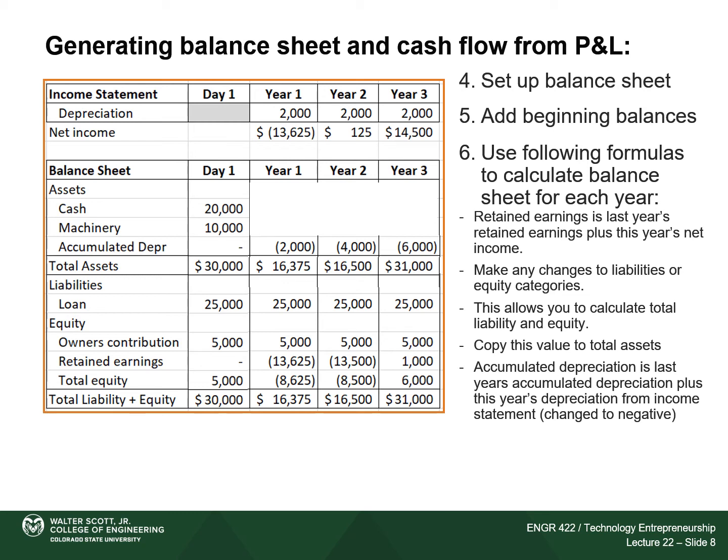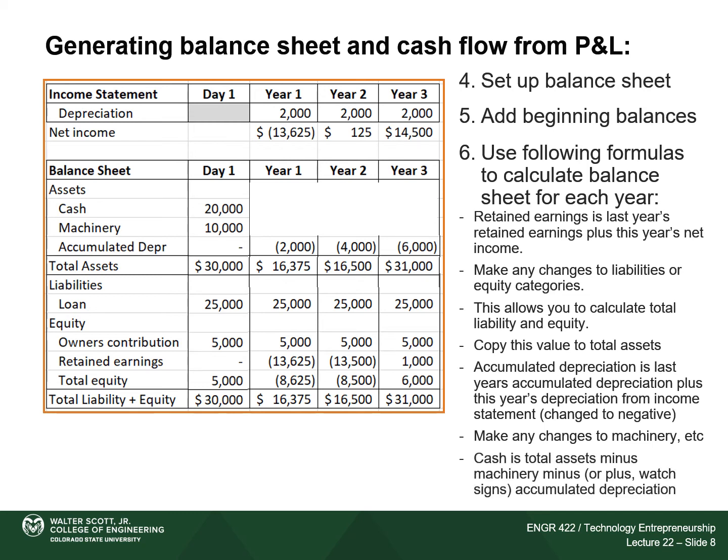It's being depreciated on a straight line basis over 5 years, which means 1/5 of $10,000 is $2,000 per year. That's what that looks like. Then you can work out what might happen in terms of buying more machinery or other equipment or anything. And if you do, in this particular case, that's not going to change.